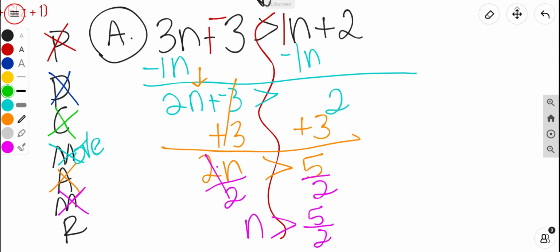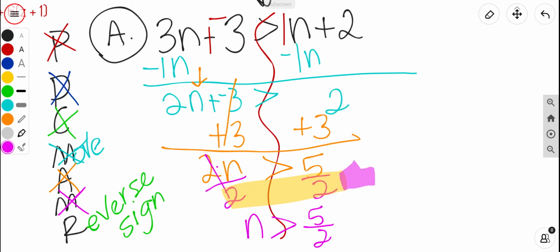And then the new step, really. So what that means is reverse, reverse. So we reverse the sign only if we multiply or divide by a negative number. So you got to look at the very last step you did. Here's that last step. Did I multiply or divide by a negative number? This time I divided by a positive.